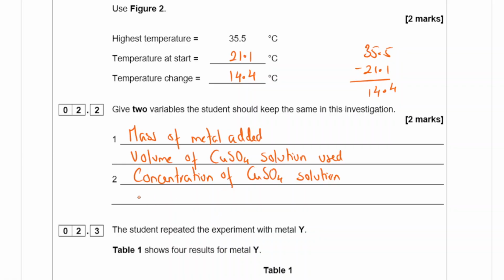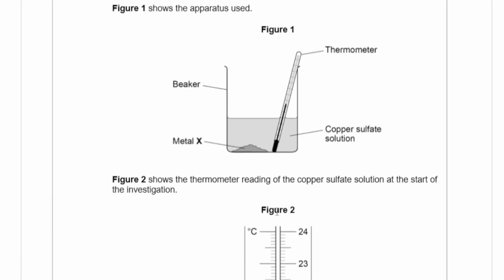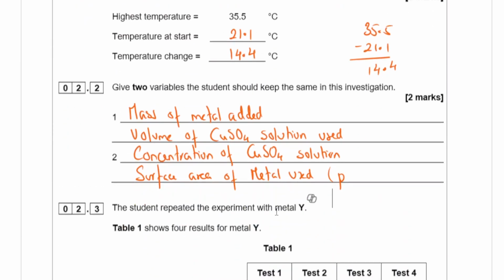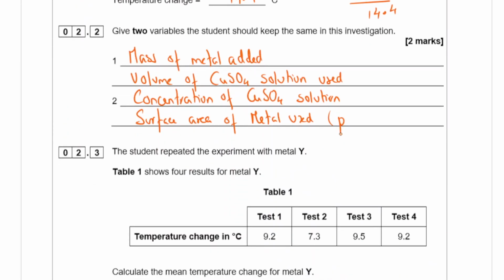And you can also say surface area of metal used. So let's say all the time in the diagram, let's say metal powder. It looks like a powder, it's a pile, so it's not in pieces. So I would say use the powder version, not pieces of granules.